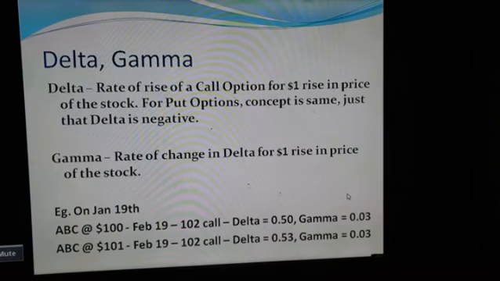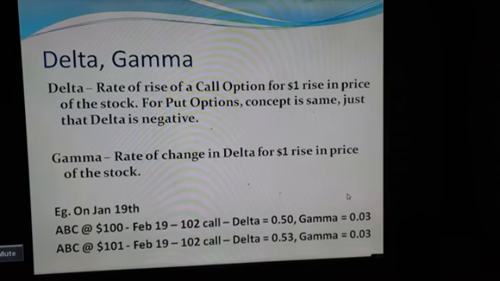Here we have the two Greeks, Delta and Gamma. Delta is the most important part of an option, so please go through it very carefully and try to understand very precisely. If any questions, please text me in the group. Delta is the rise of a call option for every dollar rise in the stock.